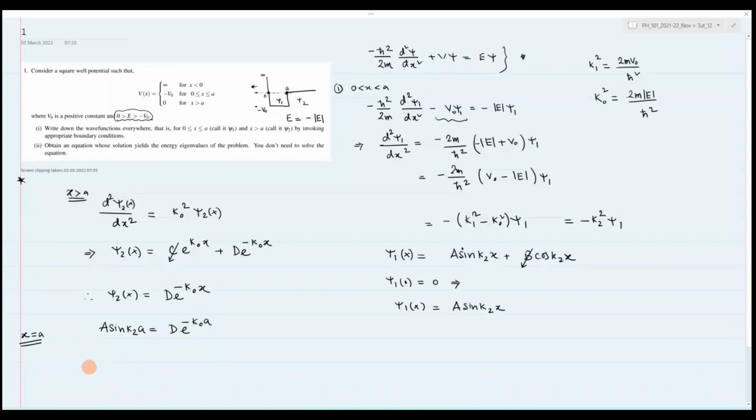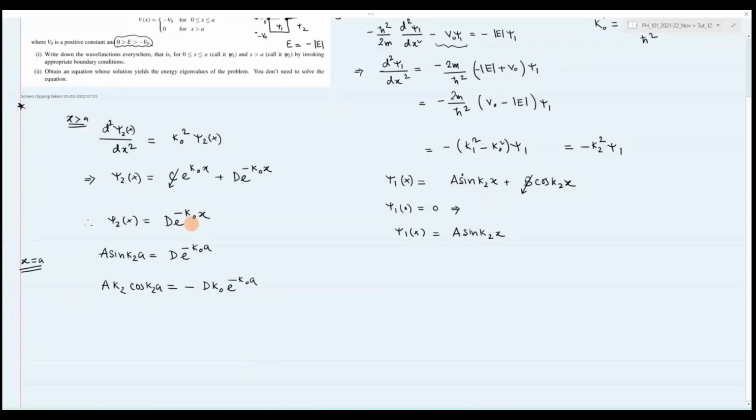Yes. Okay. Again, now it should also be differentiable, right, at this point. So it will become a k2 cos k2a equal to minus d k0 e to the power minus k0a.